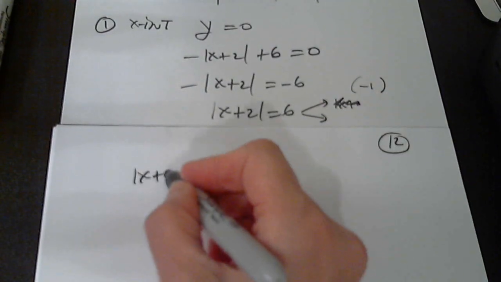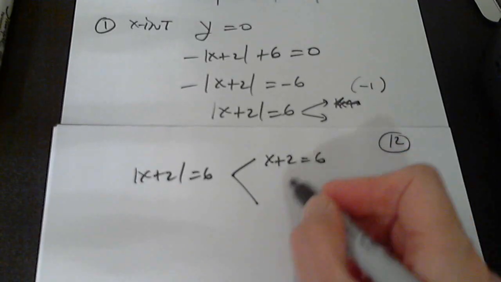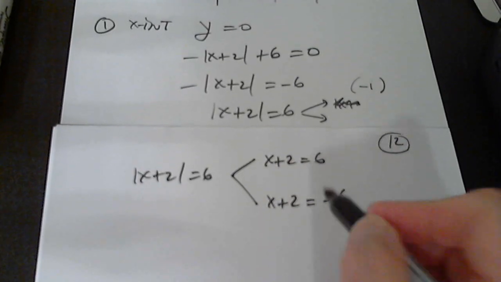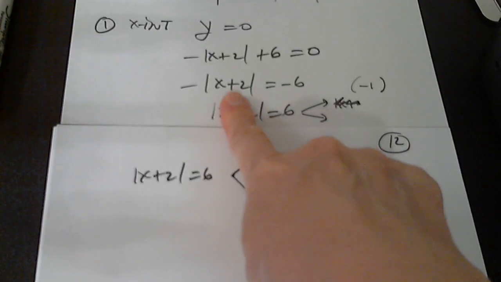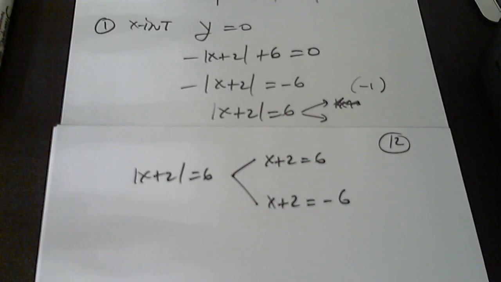Remember from the previous test, either x plus 2 is 6 or x plus 2 is negative 6, because that's what fits in here. The absolute value of 6 is 6. The absolute value of negative 6 is also 6. So then what are our options?